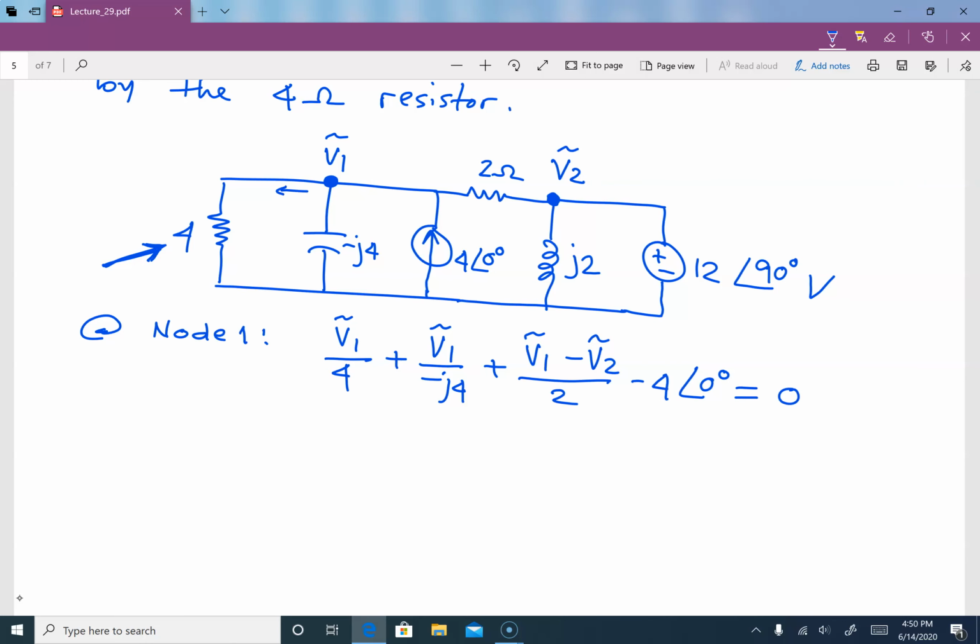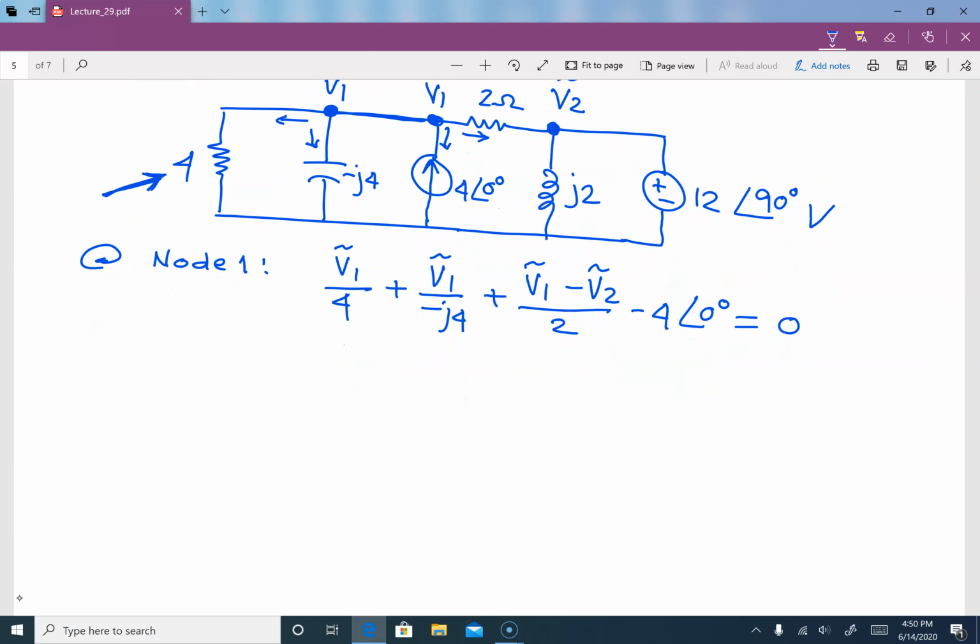So we found the current over here, the current over here, the current over here, and the current over there. This node here, since there is only short, that is V1. So now we can simplify and get these terms. So that will be V1 plus JV1 minus 16 with angle 0 plus 2 V1 minus 2 V2 is equal to 0.